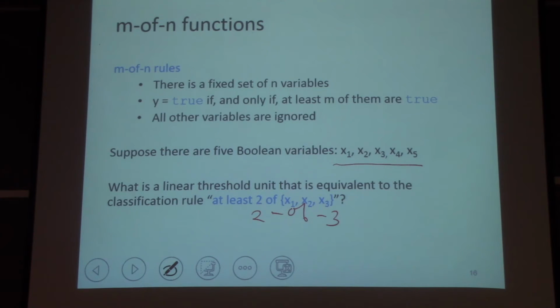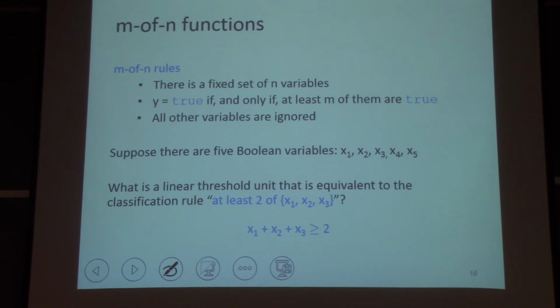Now the question to you is, can you think of a linear threshold unit that represents the same function? Yes? x1 plus x2 plus x3 should be greater than or equal to 2. At least 2. Yeah. So x1 plus x2 plus x3, if it is at least 2, then these 2 things will be the same.